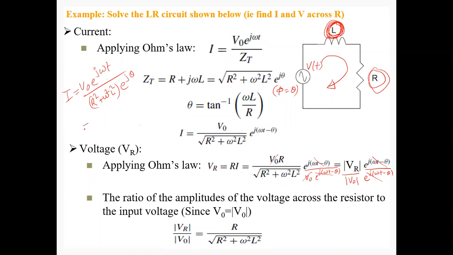Then you can rewrite this by bringing it up, moving it to the numerator. You just put a negative sign in front, meaning minus theta here. That's how you do it. So this is your I.